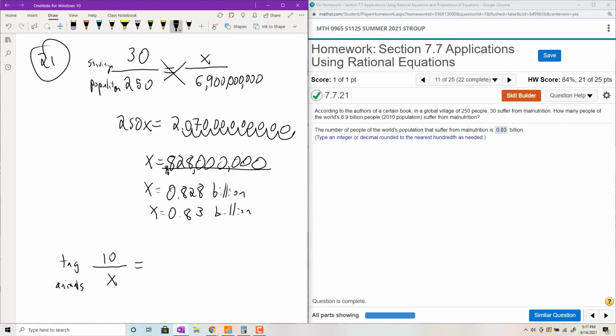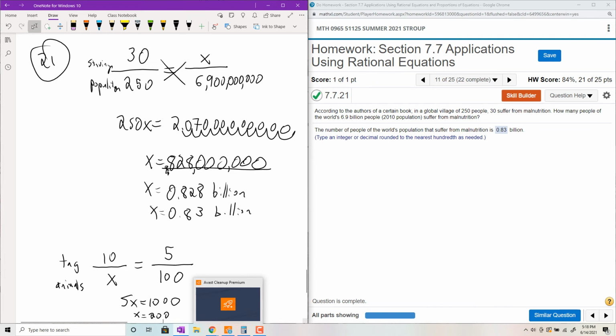Then you take a sample of the city's cats, let's say 100 cats, and out of that 100 you find that 5 of them have tags. You're able to figure out how many animals are in the city by doing that. So you just cross multiply, you get 5x equals 1,000, and then x equals 200. So you could approximate 200 cats.